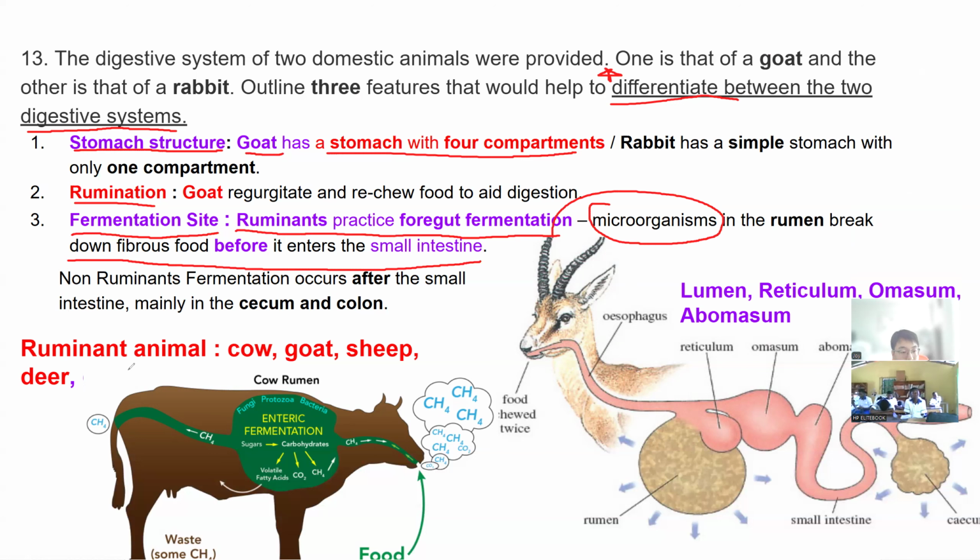Ruminant animals are such as cow, goats, sheep, and deer. They regurgitate, they spit out the food, and then take it back in to aid digestion. It helps them digest.